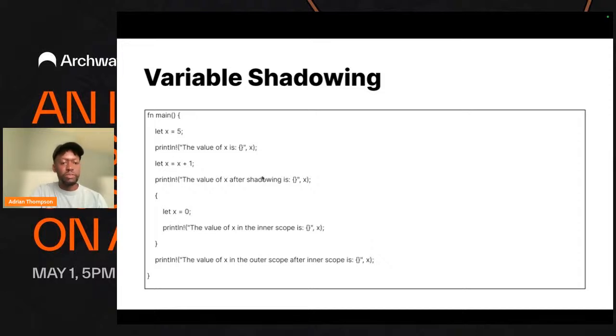But just understand that because this shadow of x was created, it lives on until that scope ends, if it was in a different scope, or until the main scope ends. So that's something to note about shadowing.